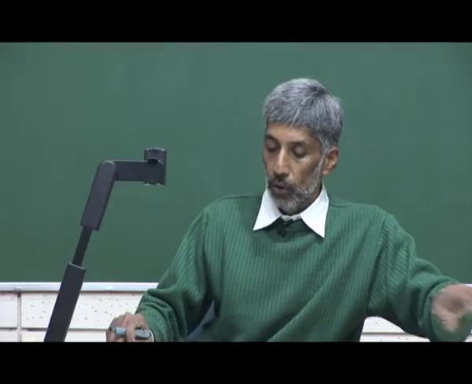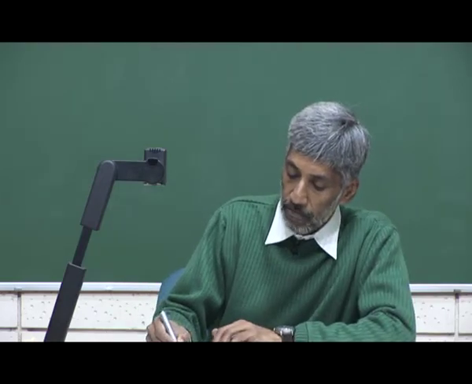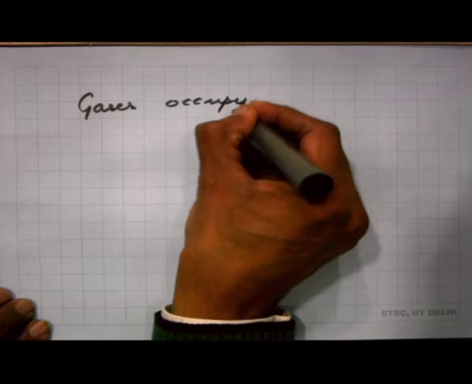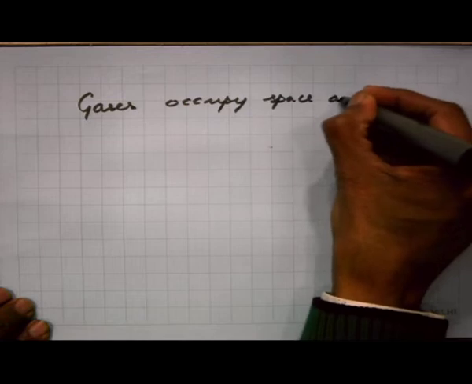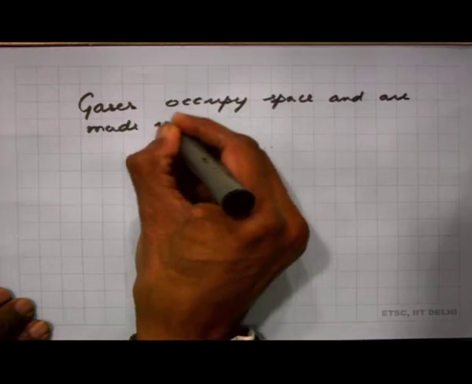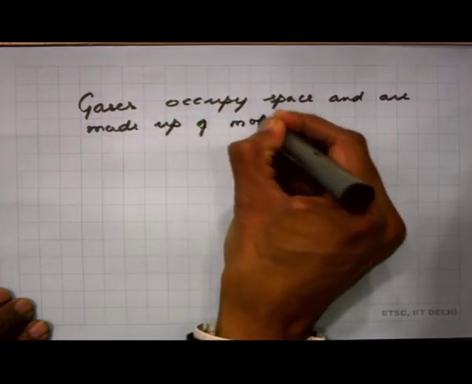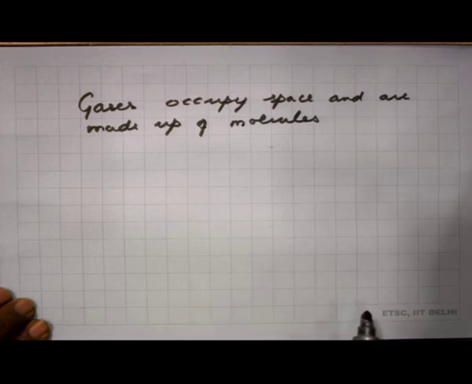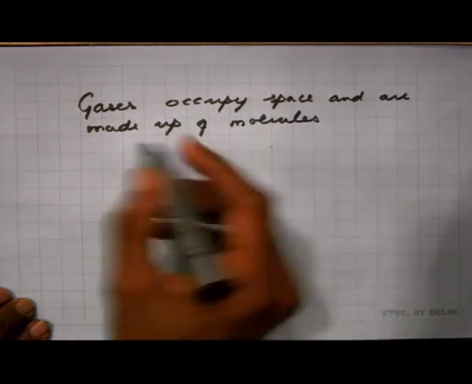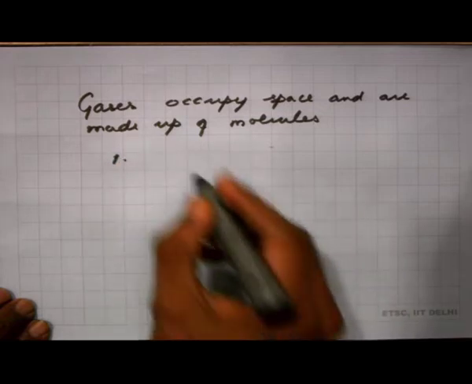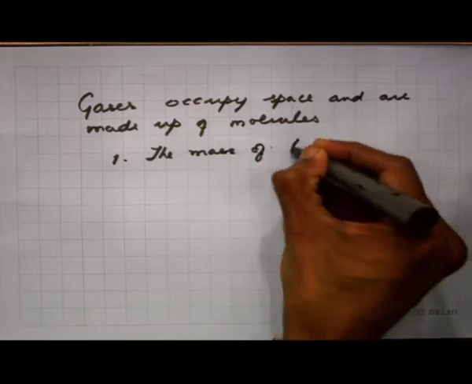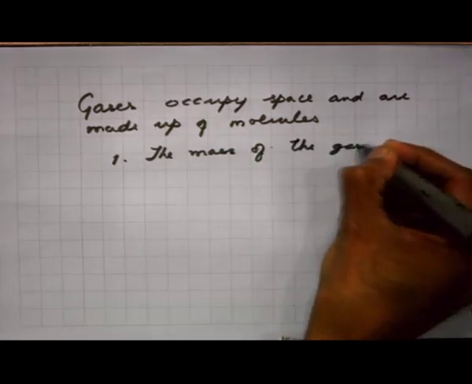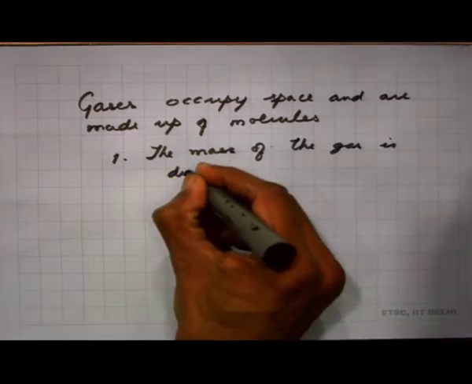So, the first thing that we know is that gases occupy space and are composed of molecules. The first thing that we know from this model is that the mass of the gas is due to molecules.